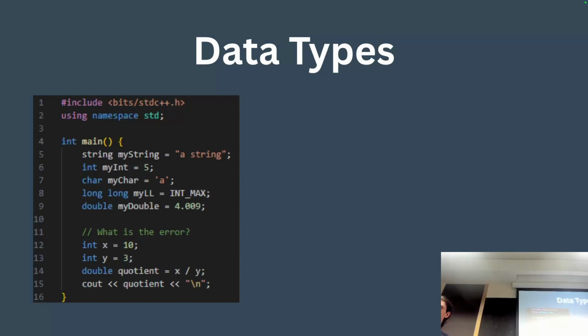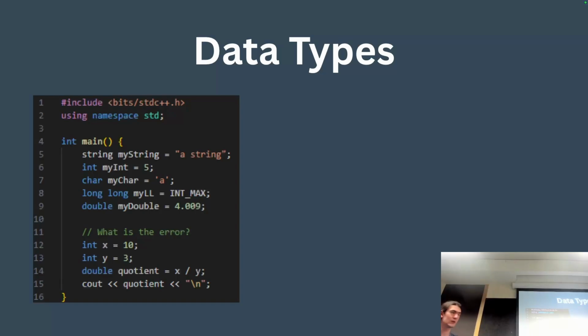So numbers between negative 10 to the 9 up to about 10 to the 9. So you won't need much else ordinarily. If you do need larger integers, there's long, which has double the number of bits. So it allows you to store a lot more if you need large numbers, which is important in some problems. Usually you'll see in the question description if you might need to address numbers larger than about 10 to the 9.